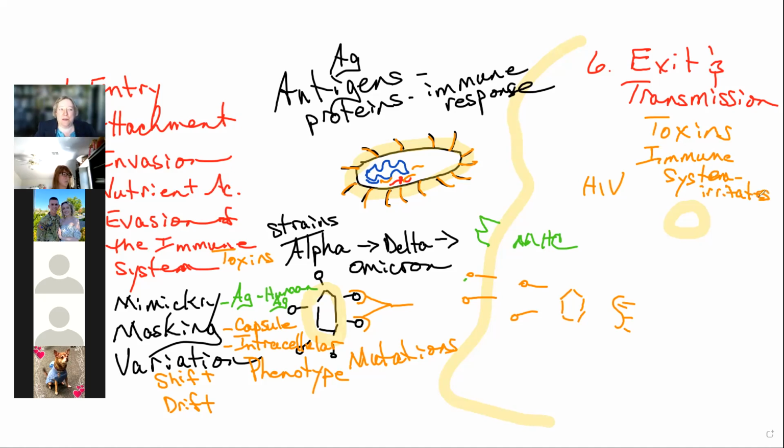That's not the intent of the immune system, but the pathogen takes advantage of that. There are some pathogens that produce toxins that cause diarrhea and vomiting. The whole point is not invasion or nutrient acquisition, it's to get out. So toxins can do a whole bunch of different things. It just depends upon what they're doing as to which job they're fulfilling.